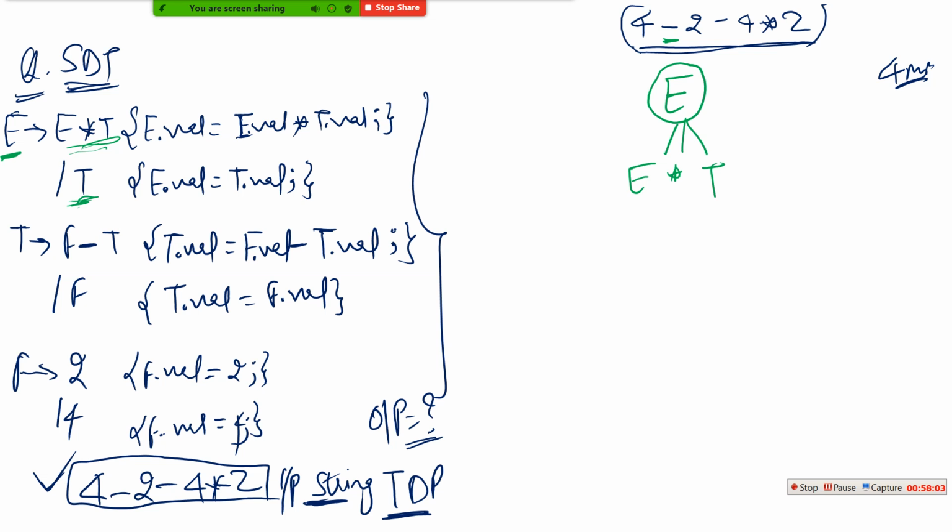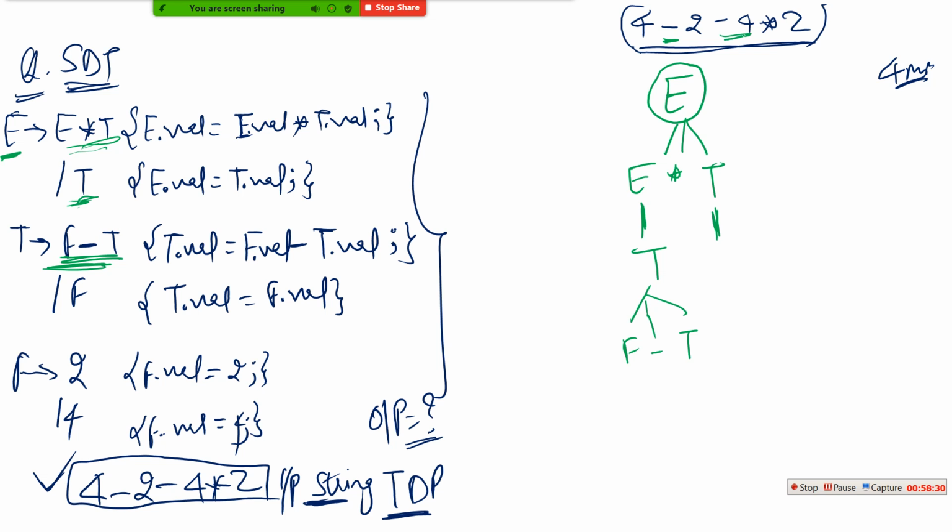I can generate E from this T. This T will further give me this transition, that is F minus T. So I have generated F minus T from this T using this transition.